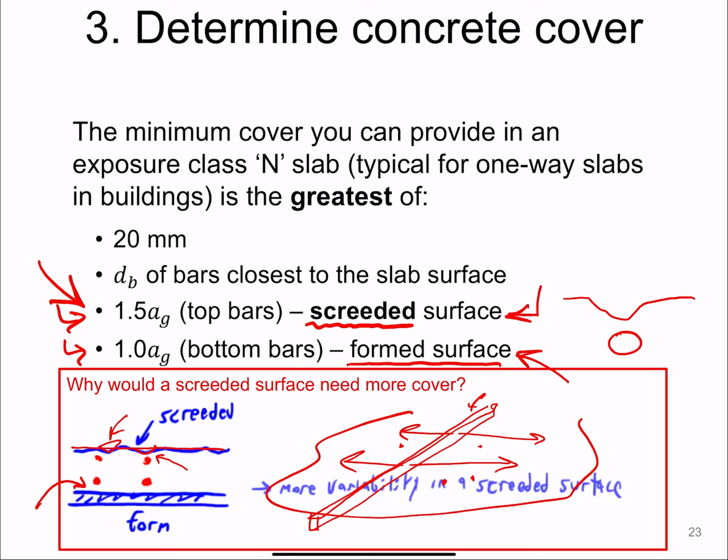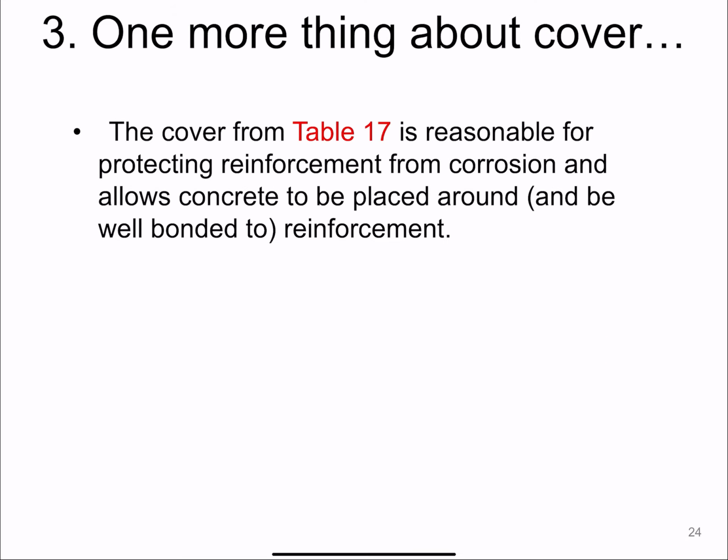One more thing about clear cover. This table 17 that we just saw is reasonable for protecting reinforcement from corrosion, and allows concrete to be placed well. It's going to be easy for you to pour the concrete around the reinforcement.